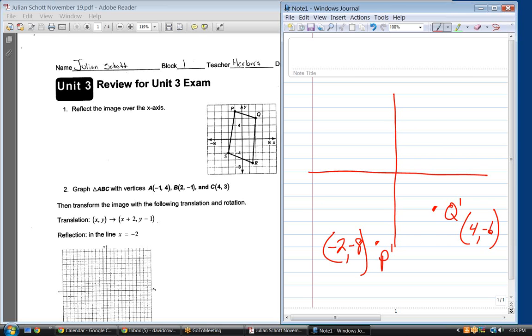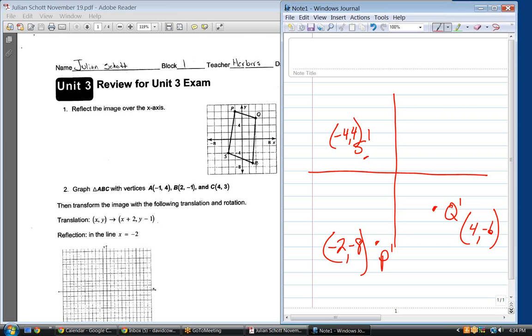And how about S? What were the original coordinates of S? Right here, -4, -4. So what are the new coordinates of S prime going to be? -4, 4. So this is S prime, -4, 4.